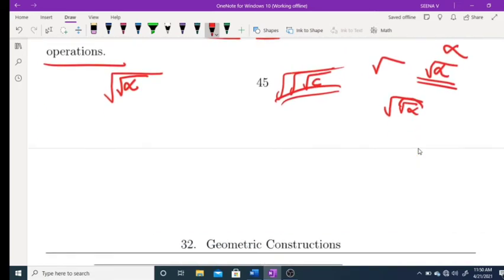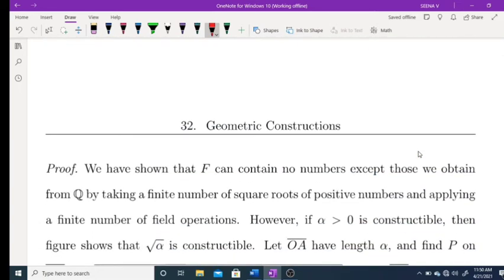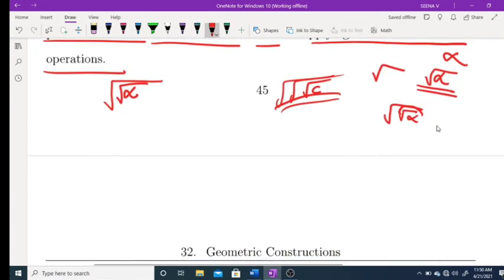So the aim is, first we have to prove: if alpha is constructible, then root alpha is constructible. Once we prove this, root of root alpha is constructible.